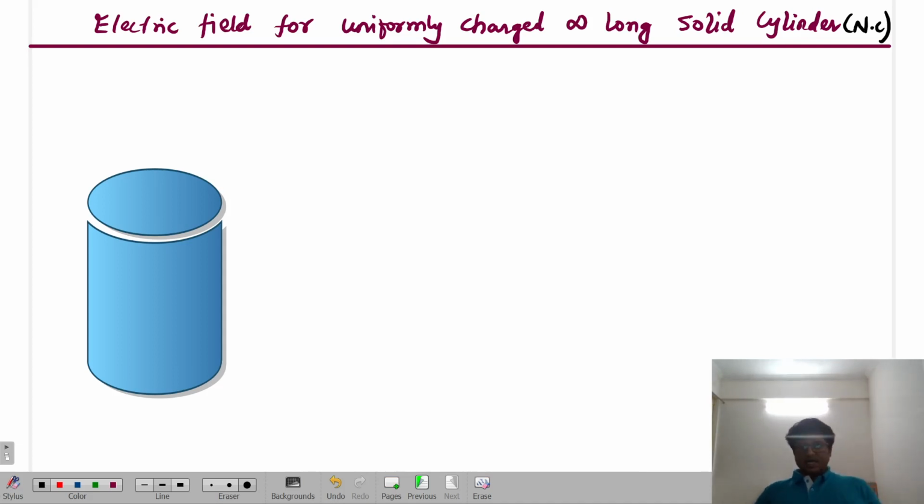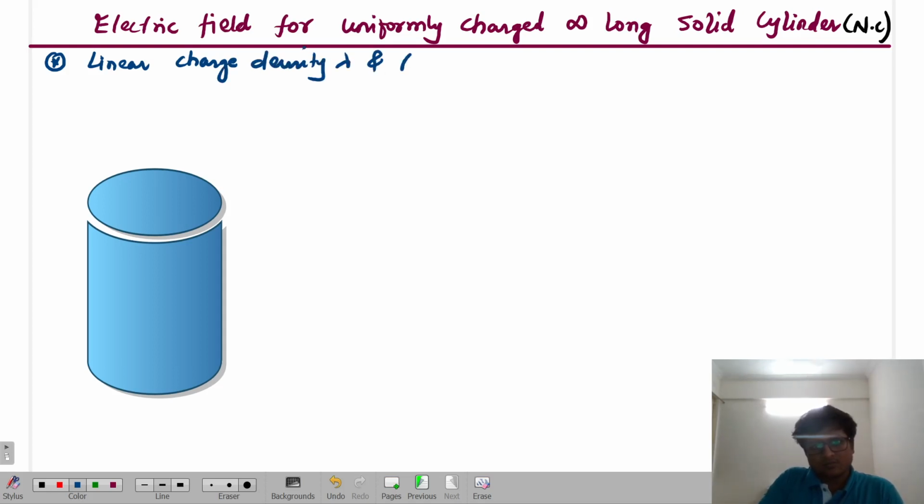Okay, and the cylinder has, I am writing, linear charge density lambda, and the linear charge density is given, and radius capital R. And also we'll see the relation between volume charge density and linear charge density.